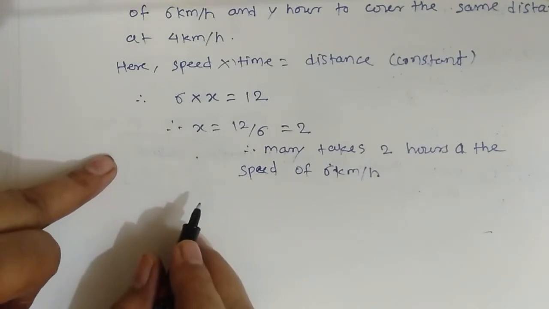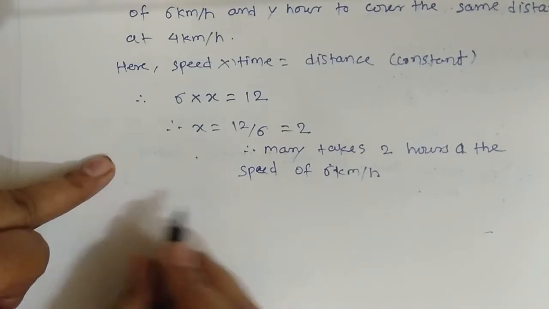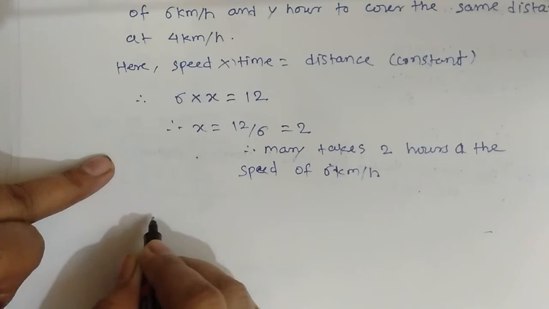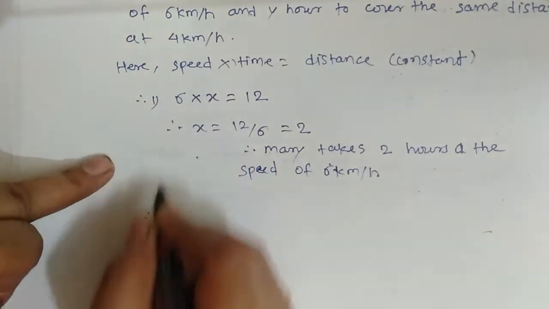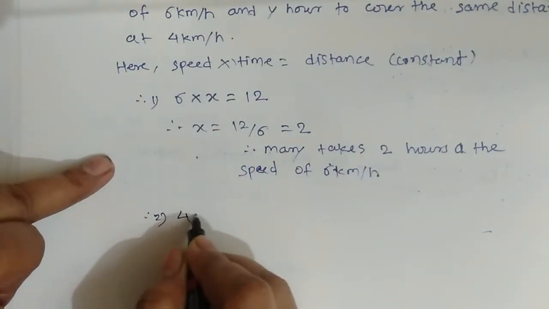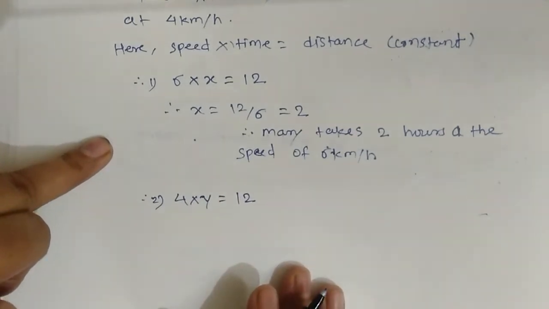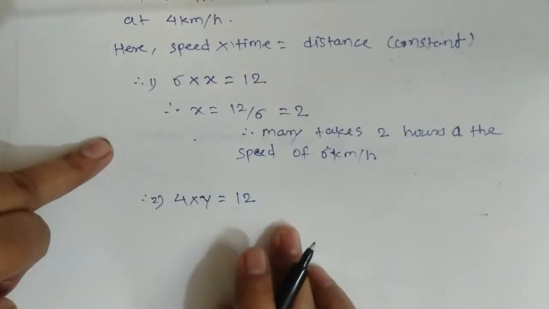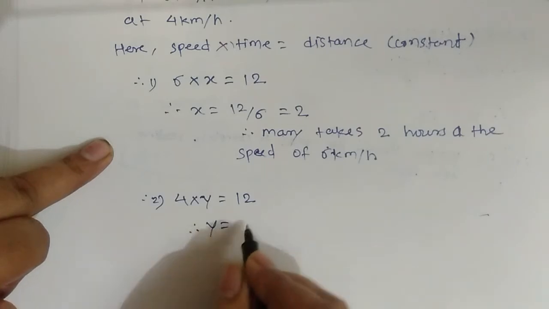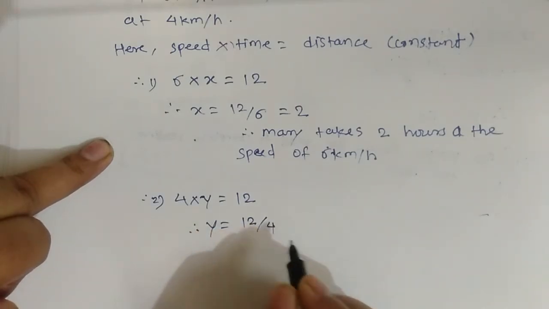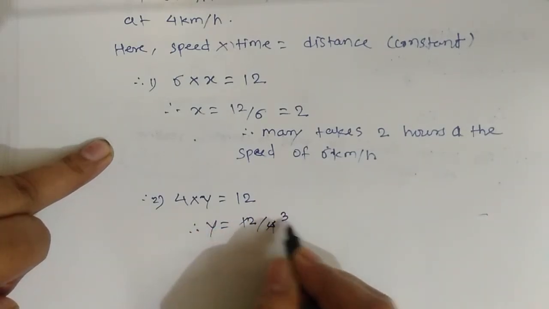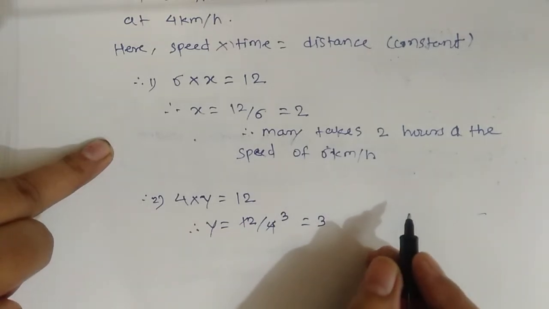Now see, when the speed is 4 km per hour, then for the second instance 4 multiplied by y is equal to 12, because distance is a constant. So therefore y is equal to 12 divided by 4. 4 3s are 12. So it is 3.